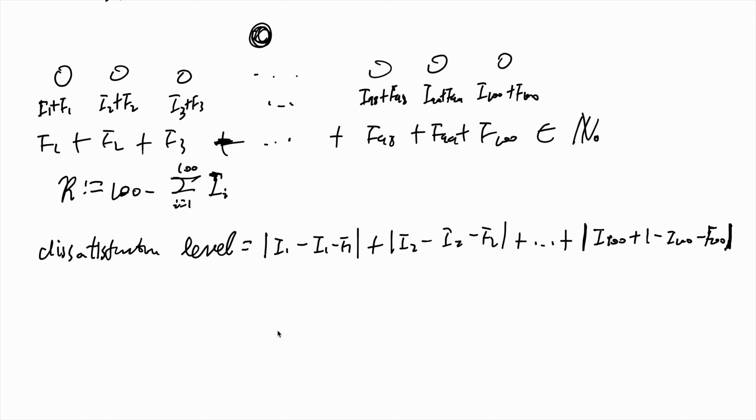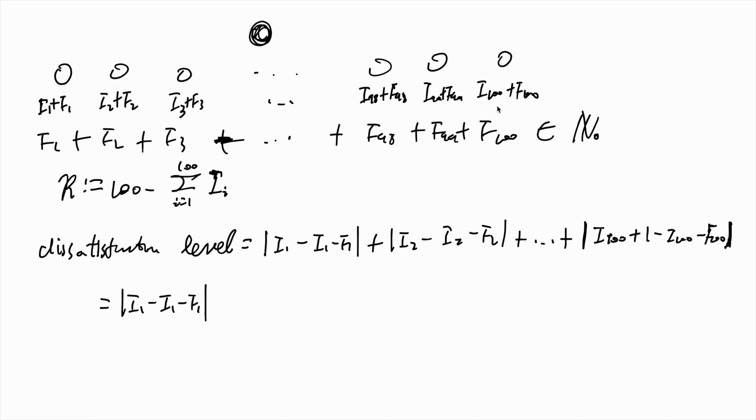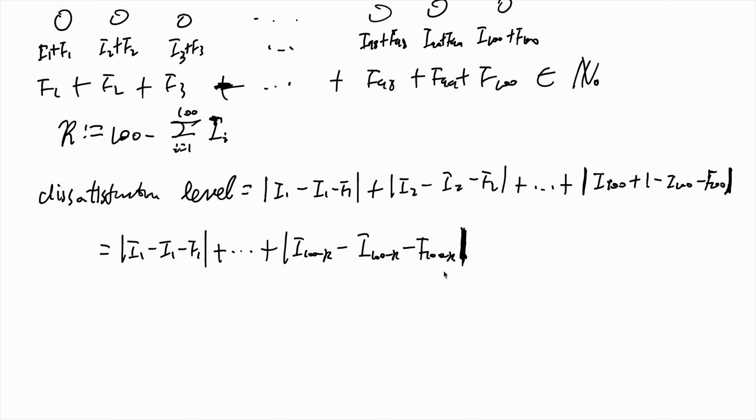Okay, then let's split it. Then we know that until 100 minus r, 100 minus r Pokemon will not get it because we're going backwards, right? And there's a reason why we go backward, and I'll explain it as we proceed further.